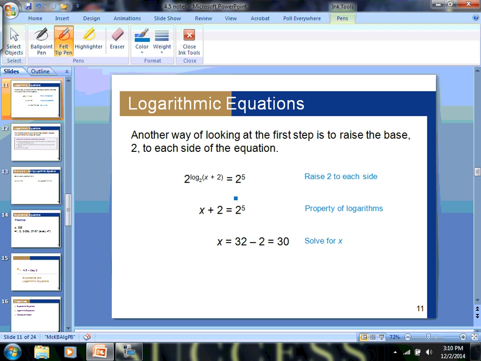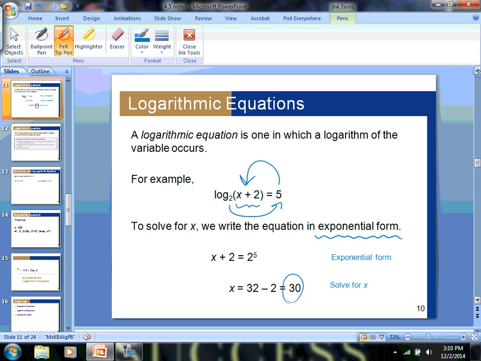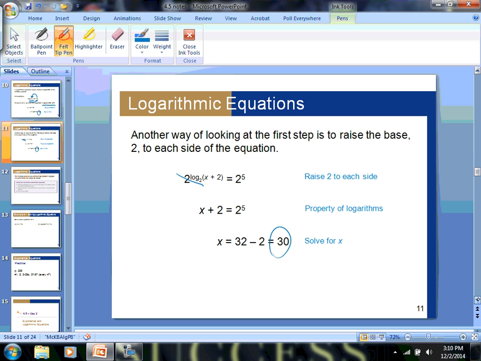So you take 2 to the whatever the equation is on both sides of the equation. And we want to pick a 2 because our base was 2. So if you do that, then the base that you picked and the log cancel out. So now you get the x plus 2 by itself. And then you have 2 to the 5th. Well, that's 32. And then you subtract 2. So you get 30.